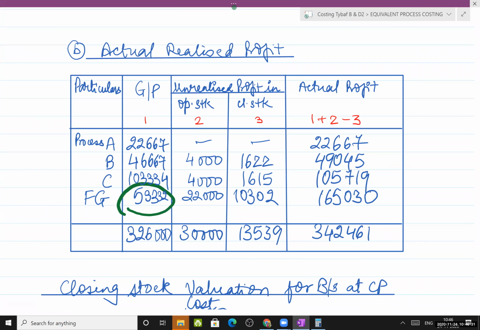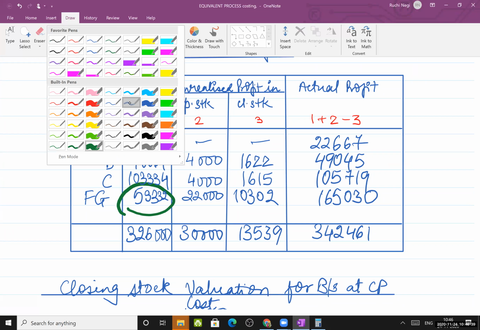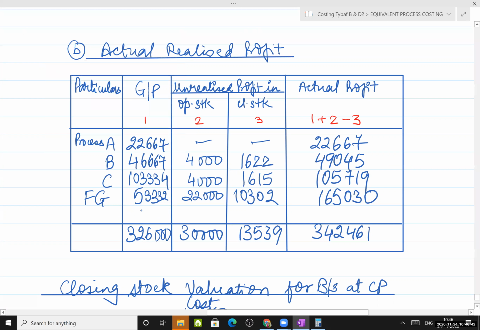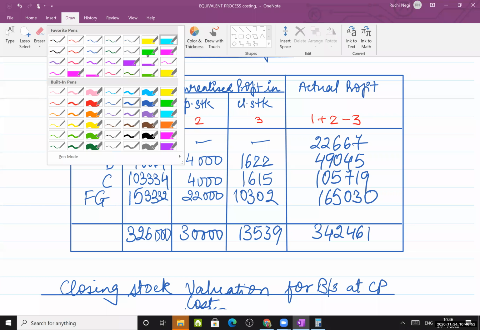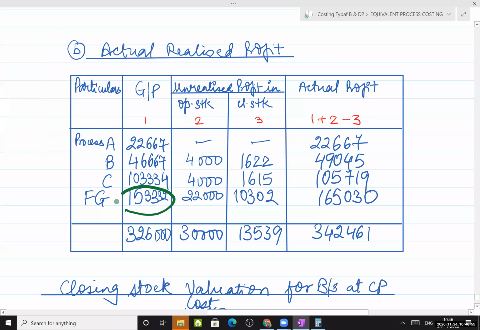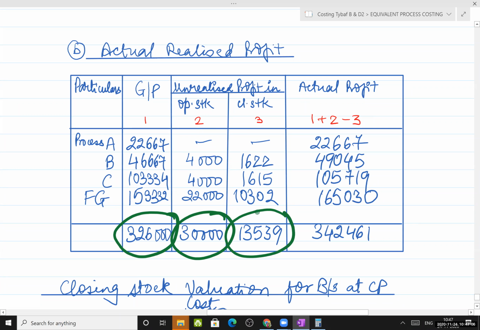I forgot to write one. 1,53,332. 22,000 is the profit element in opening stock, and 10,332 is the profit element in closing stock. ओपनिंग में है तो क्लोजिंग में भी होगा. Okay, then total it individually. That's it.